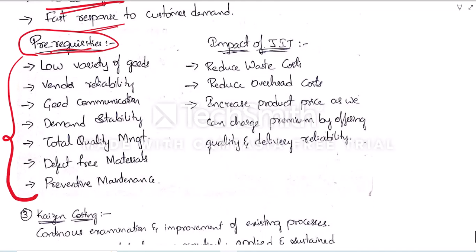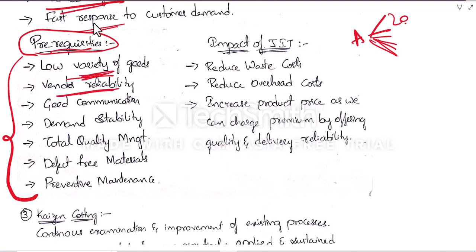So what are these prerequisites? Low variety of goods. To produce a product A, if we need 20 products, it will not be possible to coordinate all such suppliers and get the input on time. So it might not be possible for a large variety of goods.